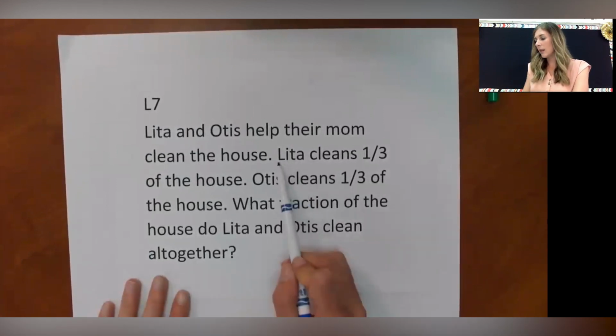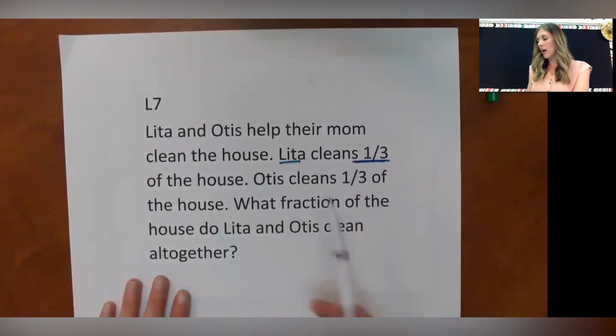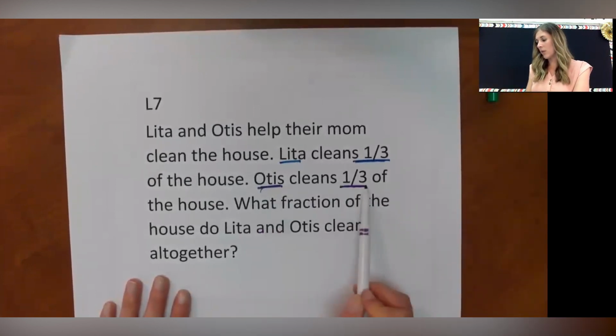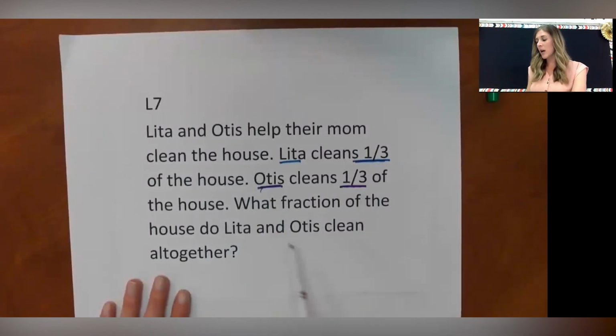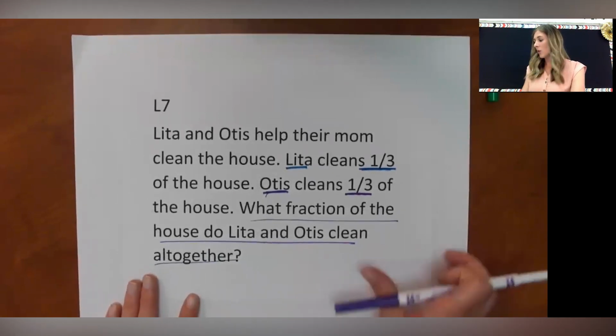So we know that Lita cleans 1/3. We know that Otis cleans 1/3. And we're trying to find out what fraction of the house do they clean together. So let's pull out our information and draw a model to help us solve this one.